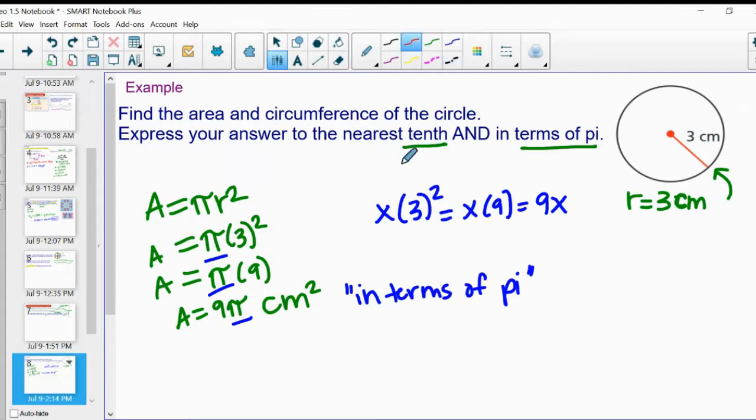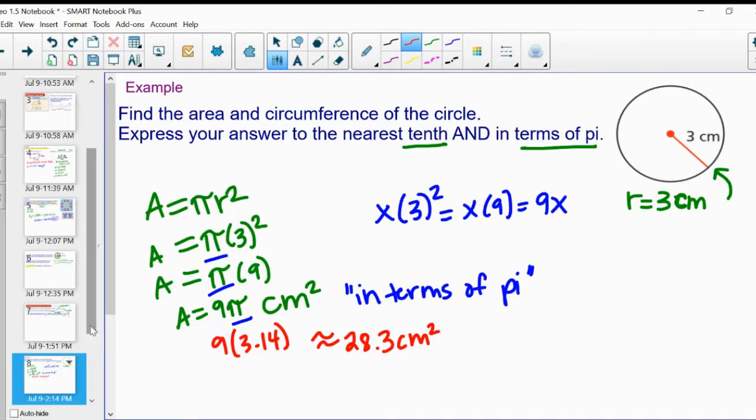But if you want to approximate it and round to the nearest tenth, you can either do 9 times 3.14, or hit the pi button on your calculator, and you get about 28.3 centimeters squared. That would be our approximation.